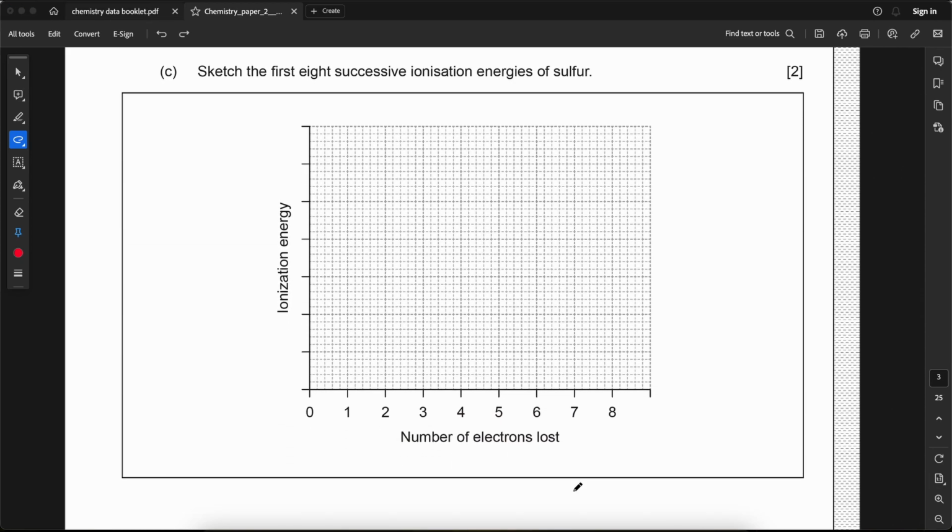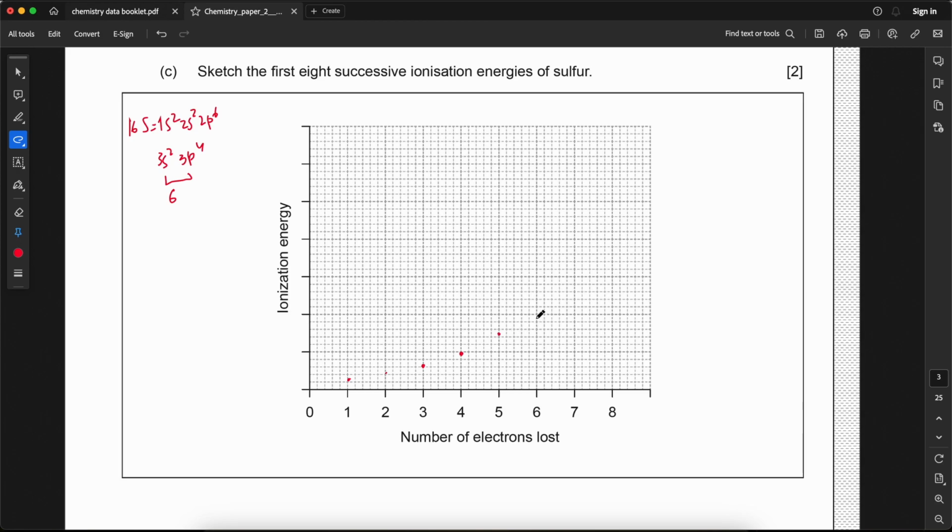Sketch the first 8 successive ionization energies of sulfur. The electron configuration of sulfur, with 16 electrons, is 1s2, 2s2, 2p6, 3s2, and 3p4. So it has 6 valence electrons. Therefore, the first 6 ionization energies should be close to one another, with each going up a little bit.